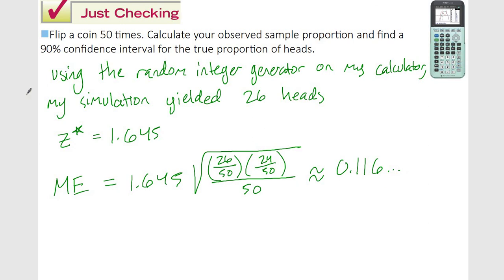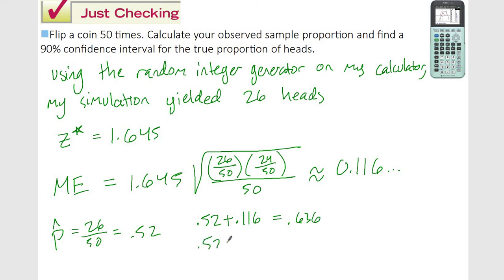Now our p hat, in our sample, was 26 out of 50. So that was 0.52. I could have written that there instead of fractions. So for our confidence interval, we take 0.52 and add our margin of error, 0.116, and that gets us 0.636.